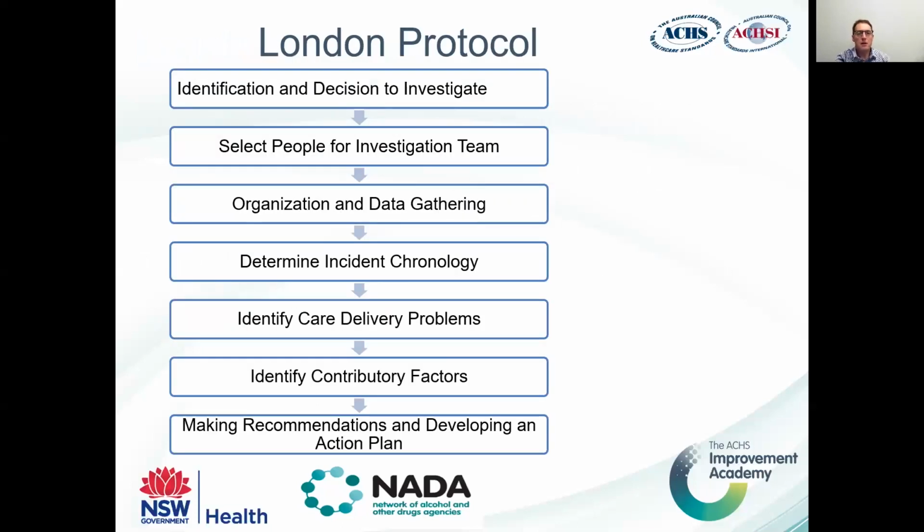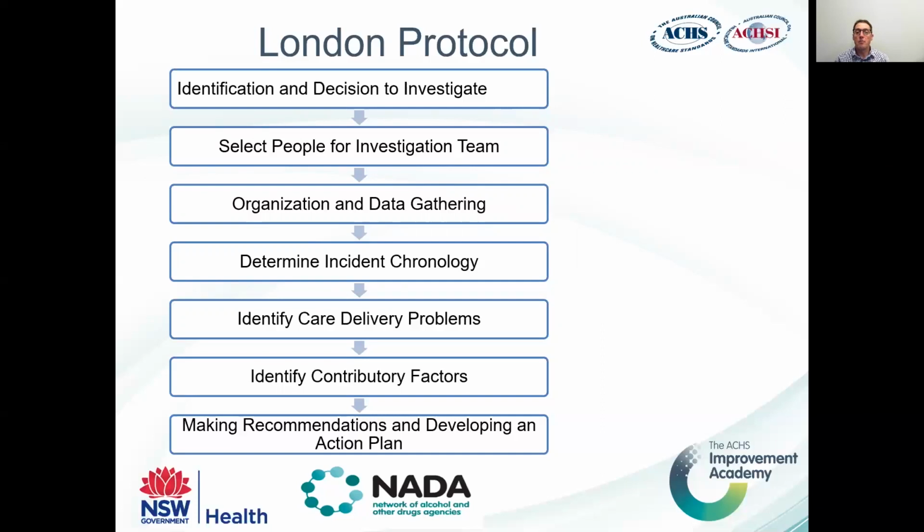And this is a really high level schema that I'm not going to go into detail on, but just some key points for this process. Essentially, we've identified that there's been a serious incident, and there's been a decision to investigate. We have a small investigation team put together at the AOD branch, looking like 3 or 4 people.